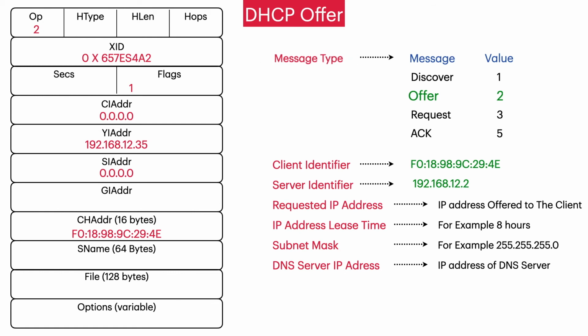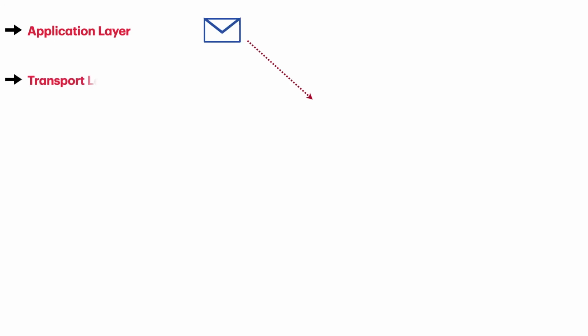The message type is set to 2, highlighting it to be an offer message. IP address release time, subnet mask, DNS server IP address and gateway IP address details are added in the option field. The offer message is then placed inside a UDP segment.